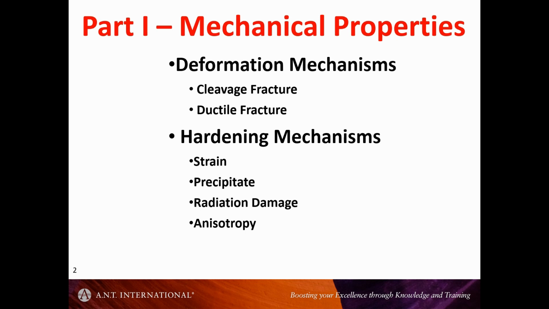The focus is going to be on properties in the reactor core, so I'm going to discuss the hardening mechanisms that apply: mechanical strain hardening, but also radiation hardening and precipitate hardening. And then I'm going to finish this first set of slides by talking about anisotropy.